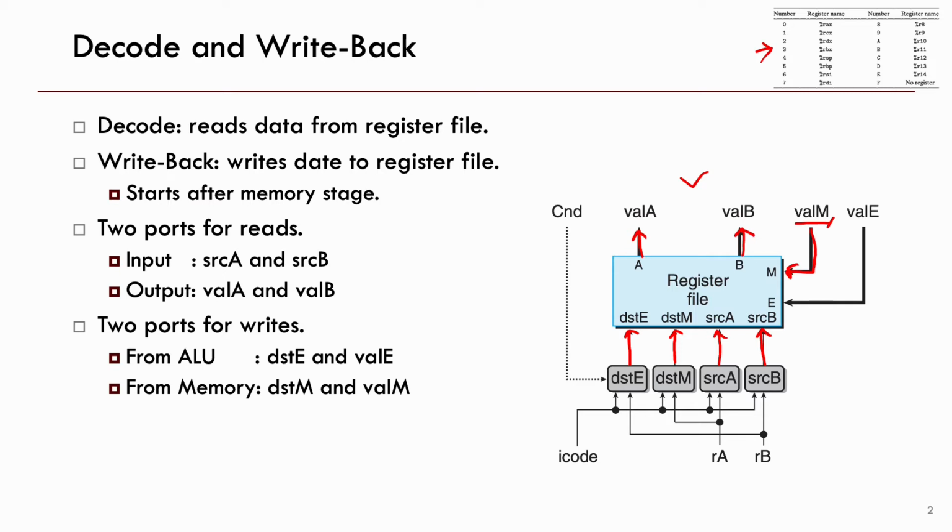Again, dest E is the register ID for value E coming from the ALU, and dest M is the register ID for writing val M coming from the memory.